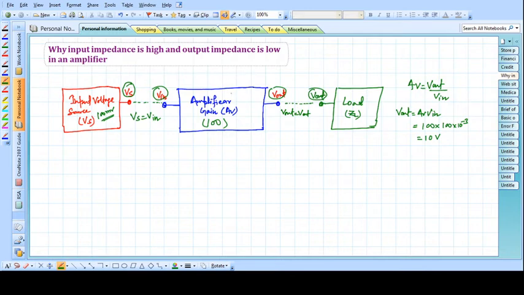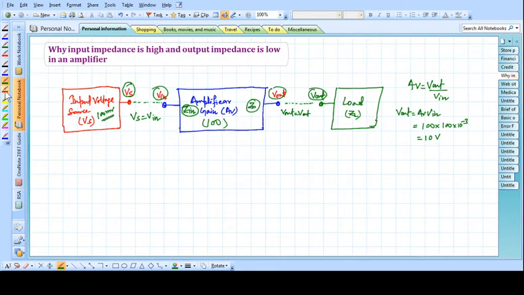To achieve this, the input impedance, that is our Zin, of an amplifier should be high and the output impedance of an amplifier should be low.